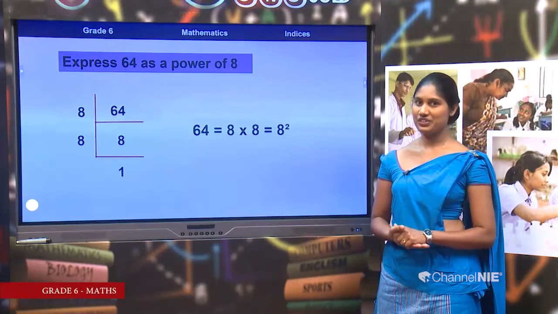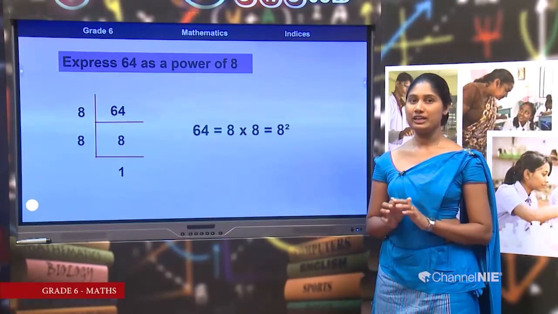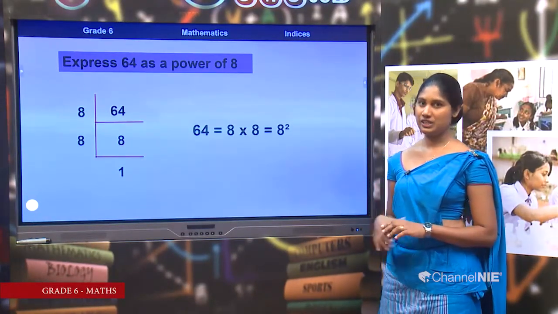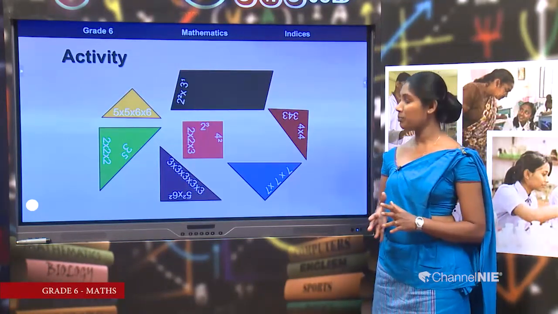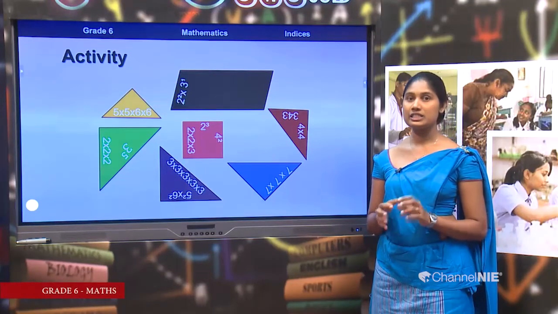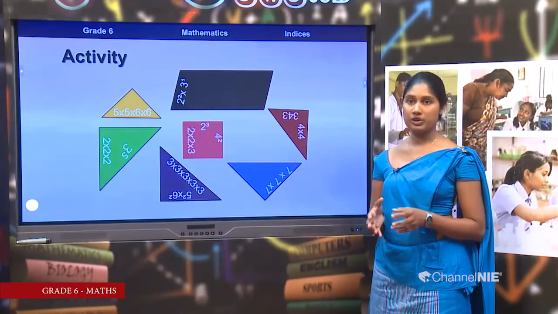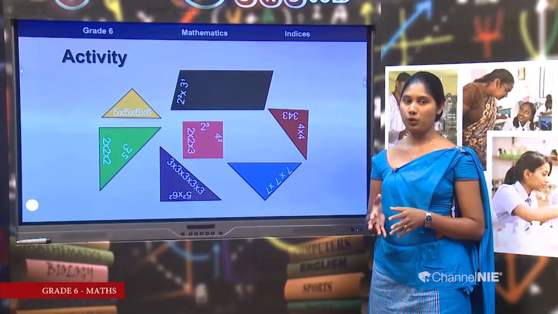Okay, my dear children, we are going to move to another activity. Let's see, here you can see some plane figures and they consist of numbers, products and index forms.